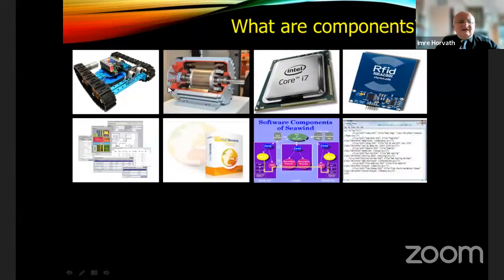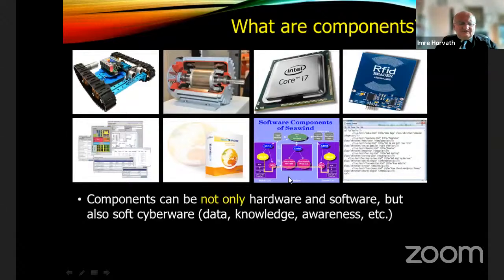It doesn't matter at what complexity level they appear; if they are one logical unit, they are treated as components, like processors and so on. But don't forget that components can be not only physical parts, but also software parts or even knowledge parts, knowledge chunks.